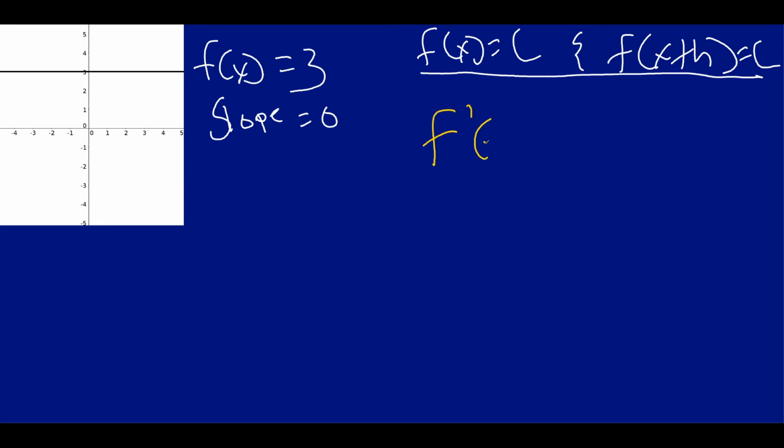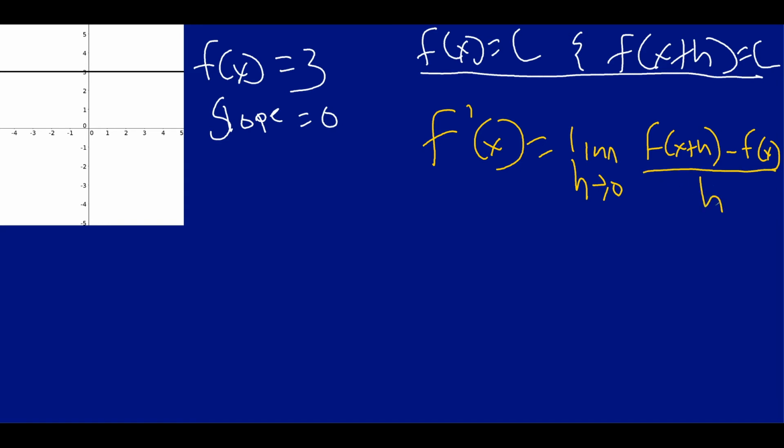If I want to find the derivative of f of x equals c, it is going to be as follows. f prime of x is going to equal the limit of h approaching 0 of f of x plus h minus f of x, so you kind of have your initial position and your final position, all over h, which we've already talked about.